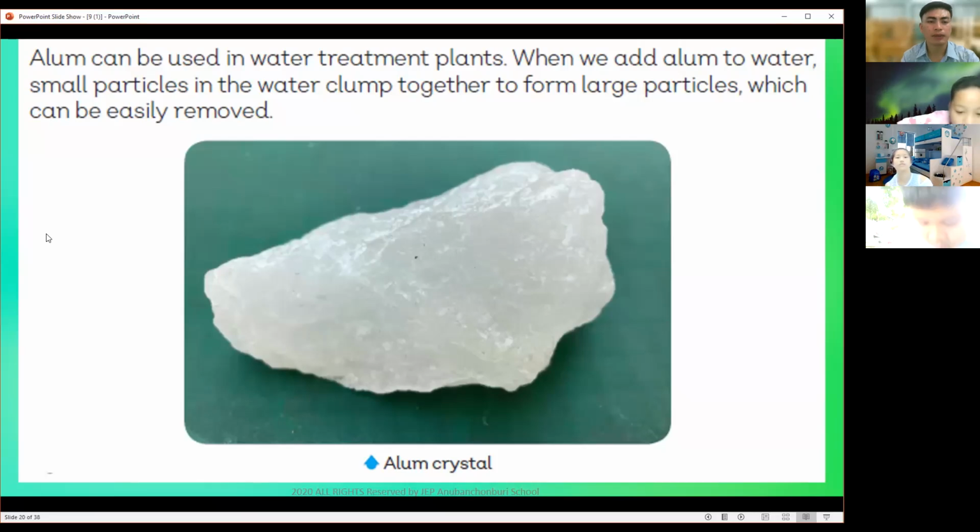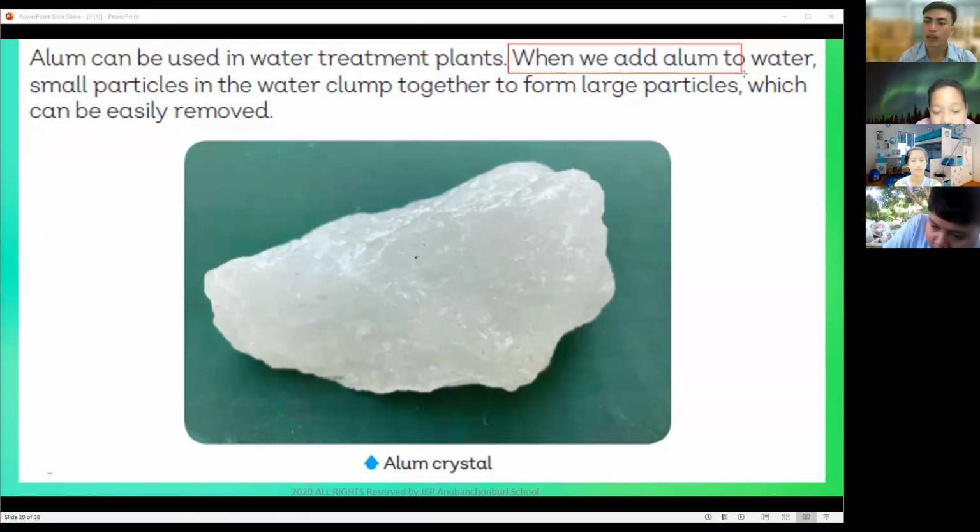Okay. So alum here can be used in water treatment plants. What does this alum do? It will act as a coagulant. Look at here. When we add alum to the water, I want you to highlight this one.